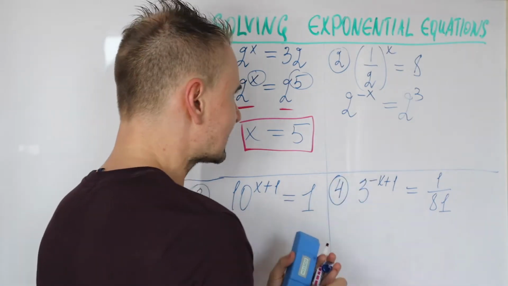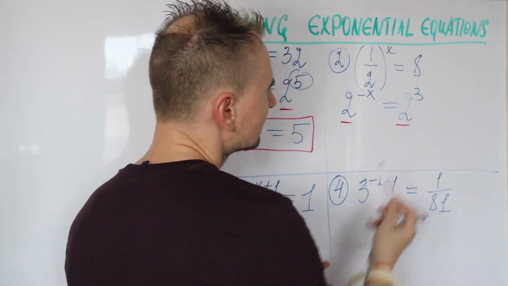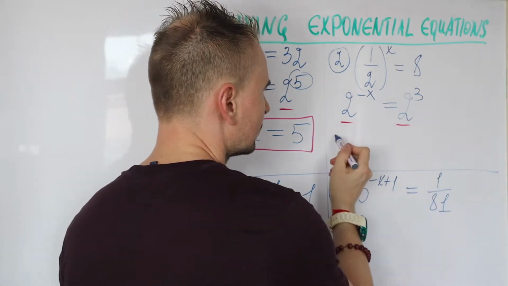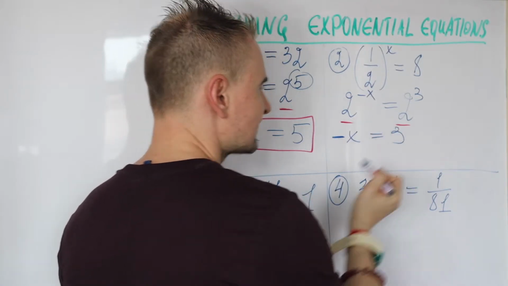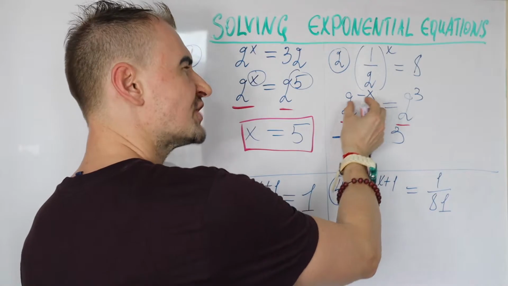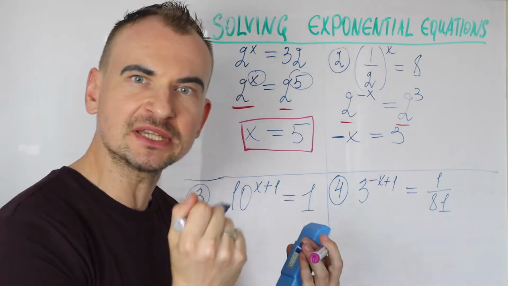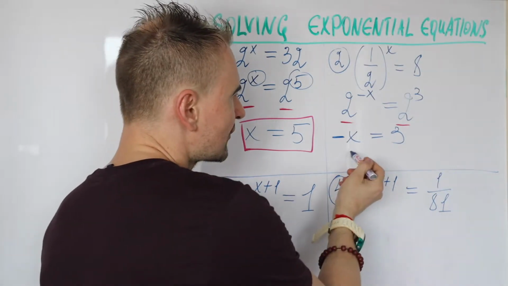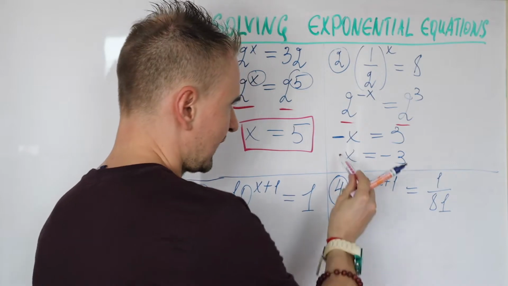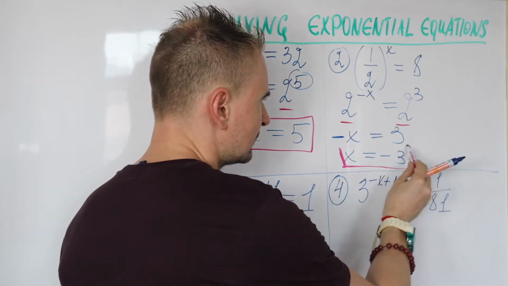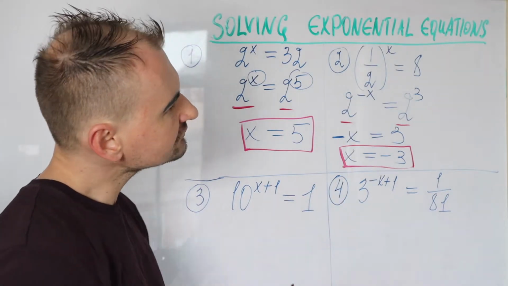So again, as soon as we have the same base, we could set the powers equal to each other. Just watch out, you have this negative in front of x, you have to keep it, you have to carry it on. So that's why your x becomes negative 3. This is the solution, or root, if you like, for this equation.